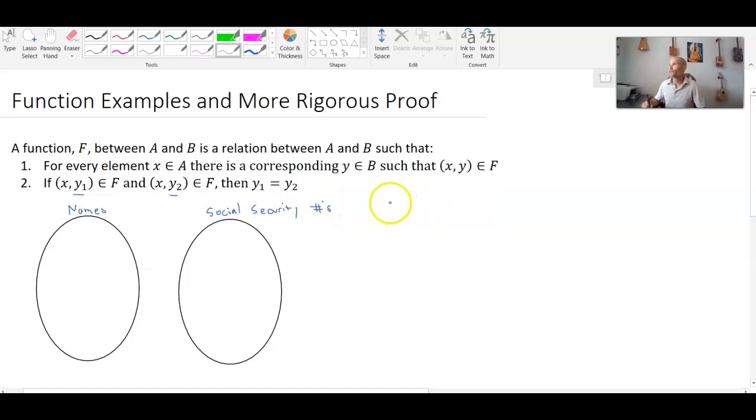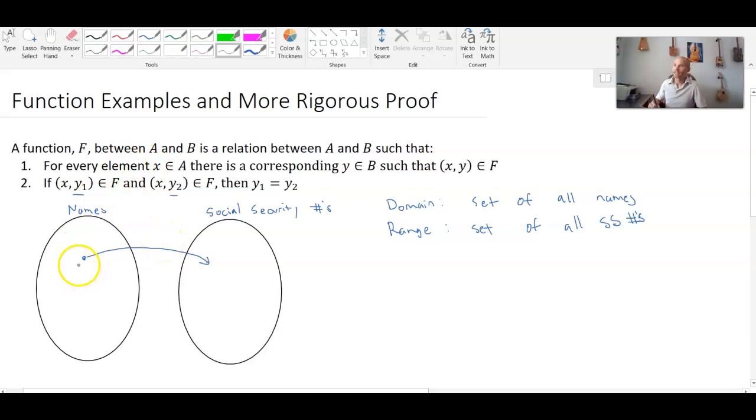Now, if we think about the domain to be the set of all names, and we think about the range as the set of all social security numbers, we have to ask ourselves, does this relation satisfy the definition of a function?